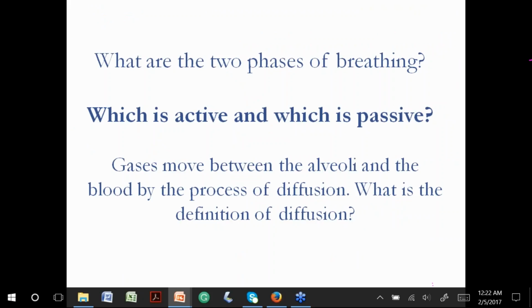What is the definition of diffusion? Think for a second. Diffusion is the passing, the expansion of a substance from a higher concentration to a lower concentration area, right?